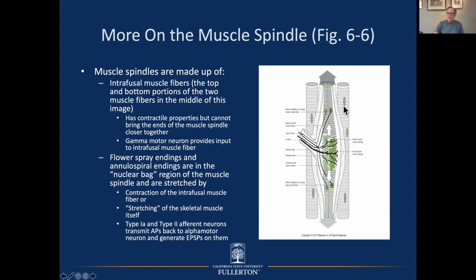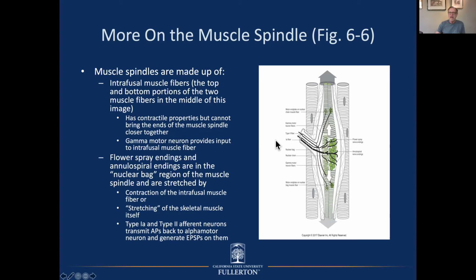Differentiate them from the extrafusal muscle fibers, which really do the work of the muscle in terms of moving the body. Intrafusal muscle fibers are here, and they're much smaller, but they also can contract. And it's understanding that contraction is going to be an important part of it. It does have contractile properties, but cannot actually bring the ends of the muscle spindle closer together.